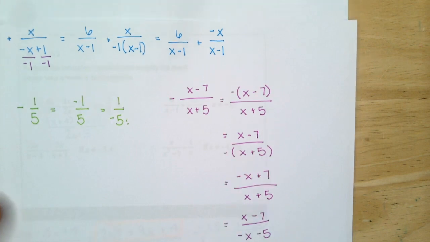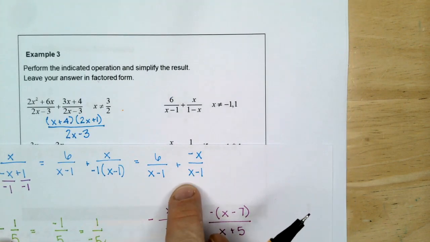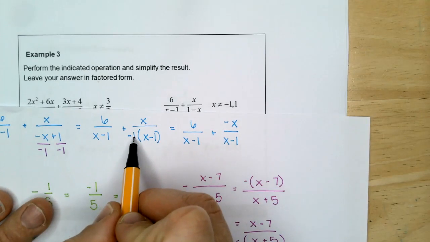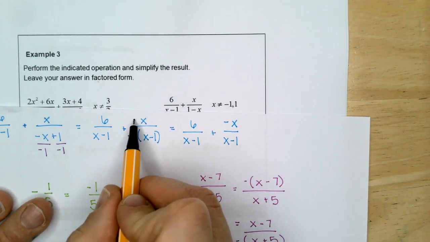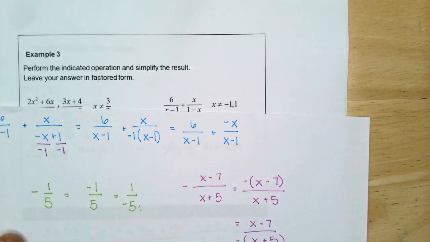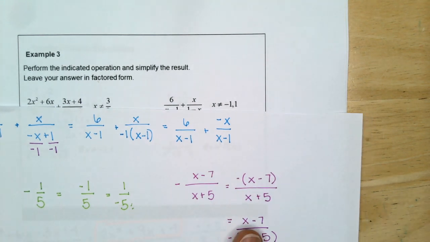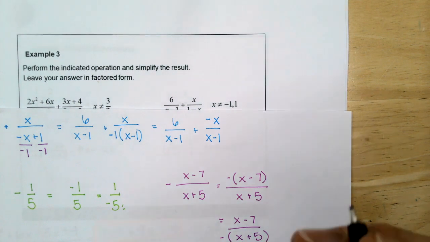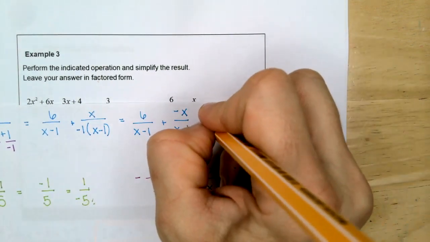All right? So now that I've moved my negative sign, just the sign, from the bottom to the top, I now have common denominators. So it's okay to manipulate your fractions a lot to get a math problem that you can work with, okay?